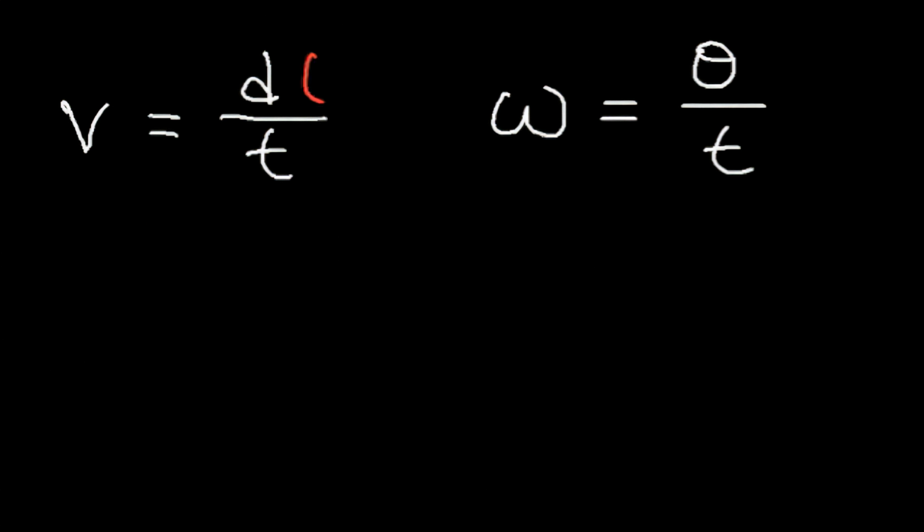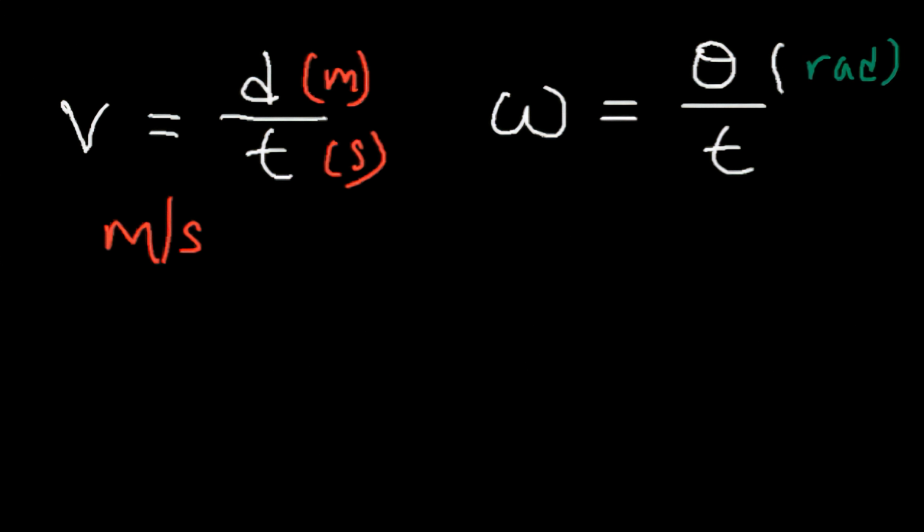Displacement usually has the units meters, and time is in seconds, so velocity is meters per second. Angular displacement is usually measured in radians, and the time is in seconds, so the angular velocity will have the unit radians per second. Notice the similarities.